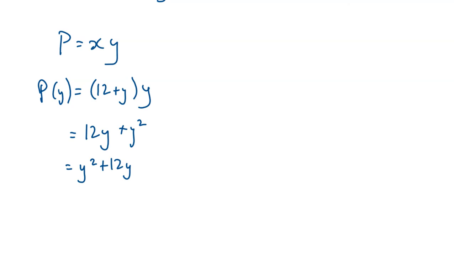Half of 12 is 6, squared is 36. I didn't have to factor anything out this time, so I skipped that step, right? If you don't like that, we would have brackets around that part.